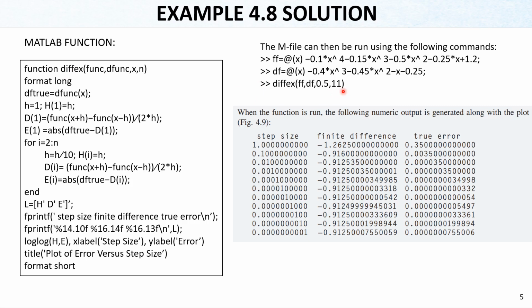And we have n 11 actually, because I count 10, but with 1 it is 11, and 0.5 is the initial x value, and ff and df are the functions you can see over here. And we obtain these results when you actually run these commands with this function.